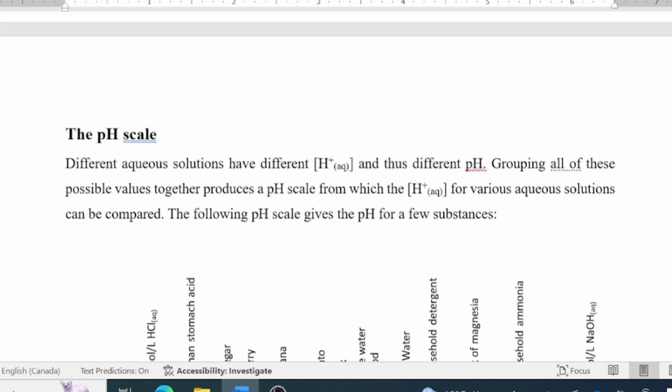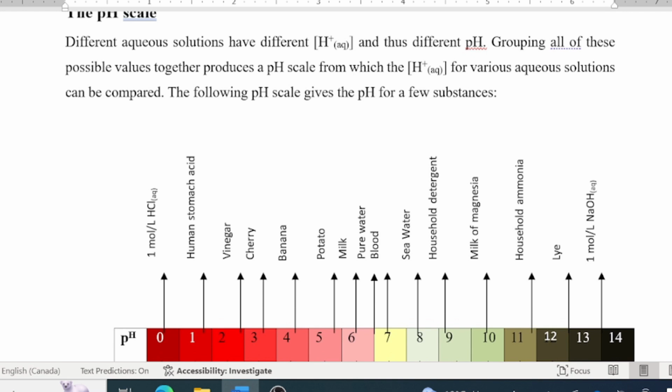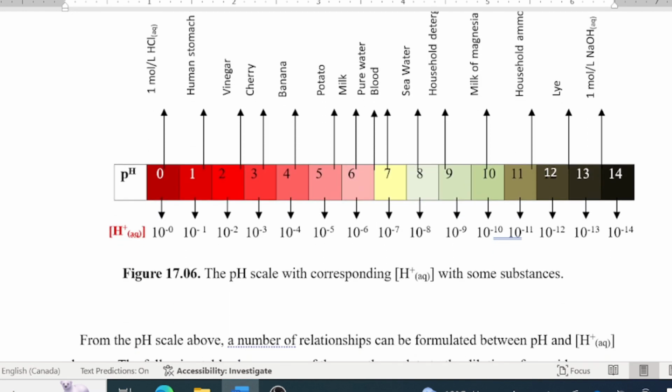The pH scale now, this is the pH scale. The pH scale tells us if a solution is neutral, acidic, or basic. If it is acidic, it also tells you to what degree it is acidic. If it is basic, it tells you to what degree it is basic. So watch this.